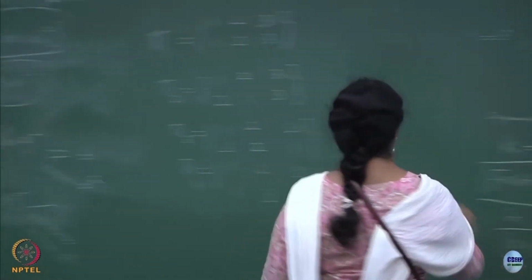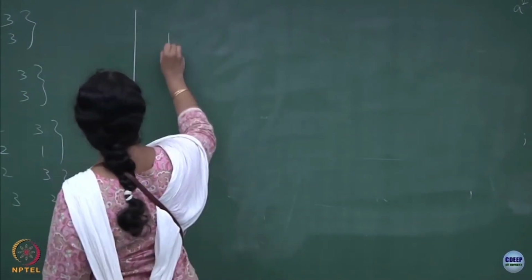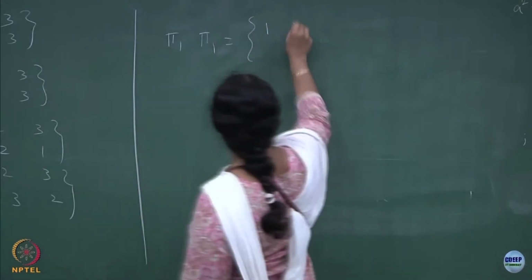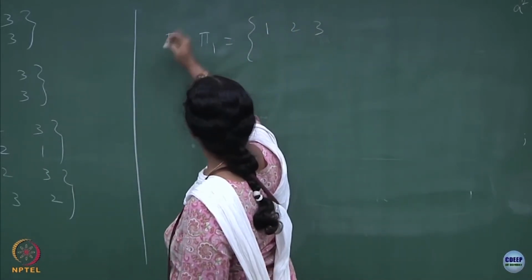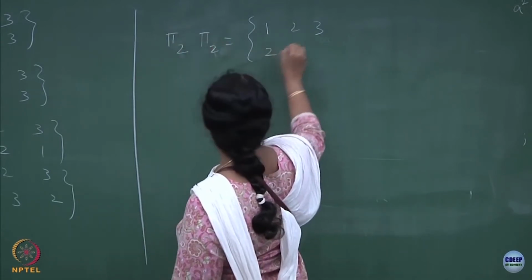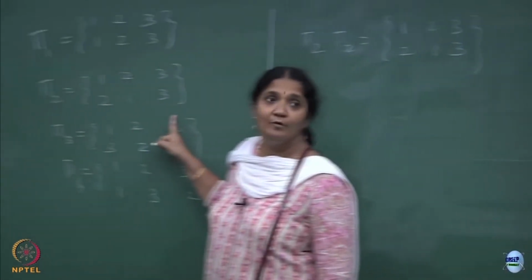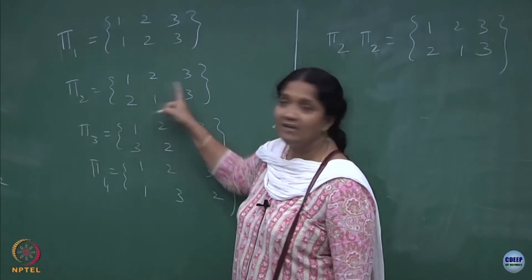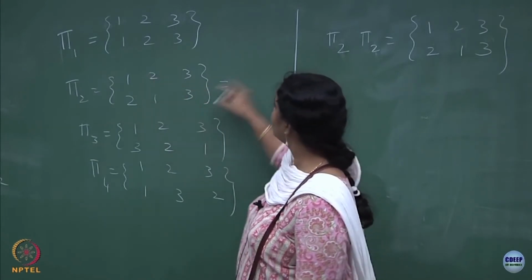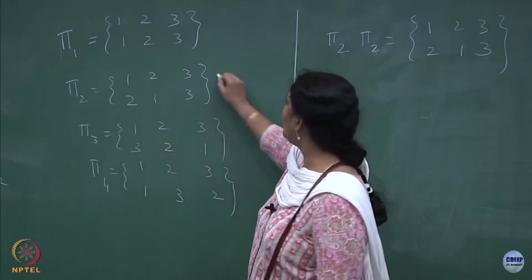Let me also explain in this notation how to write inverse. If you want to do pi 1 into pi 1, or pi 2 and pi 1, it is trivial, so there is no point in doing this. Pi 2 into pi 2. There is one more thing which I want you to notice, that the ordering is unimportant. If I interchange these columns, it does not really matter.